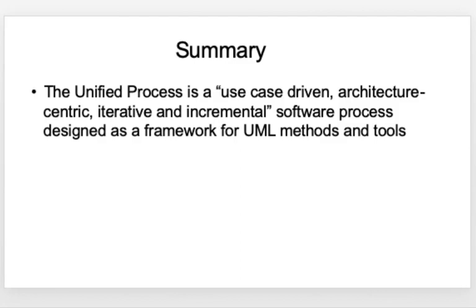So in summary, we could say that the unified process model is a use case driven, architecture centric, iterative, and incremental process model that is designed as a framework for the UML methods and tools.